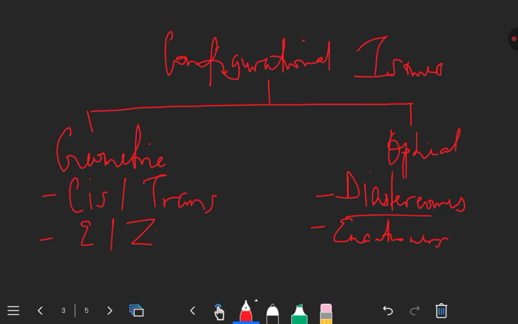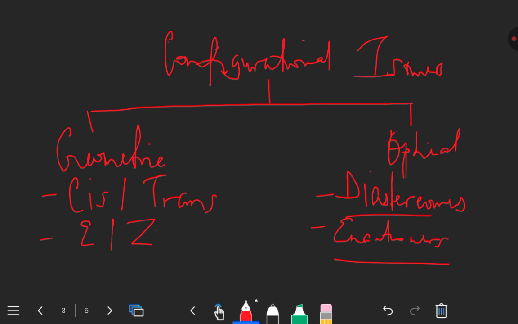So we can start with the term enantiomers. When you're talking about enantiomers, you're just referring to stereoisomers that are non-superimposable mirror images of each other. But when you're talking about diastereomers, we are talking about those stereoisomers that are not mirror images of each other.